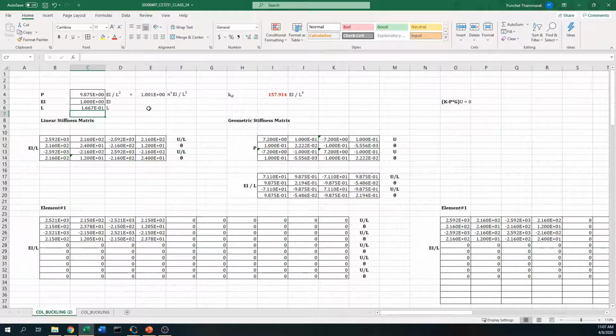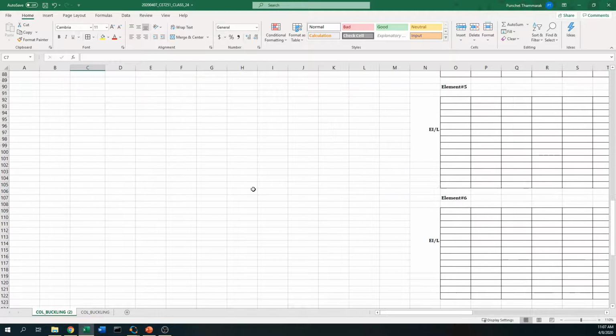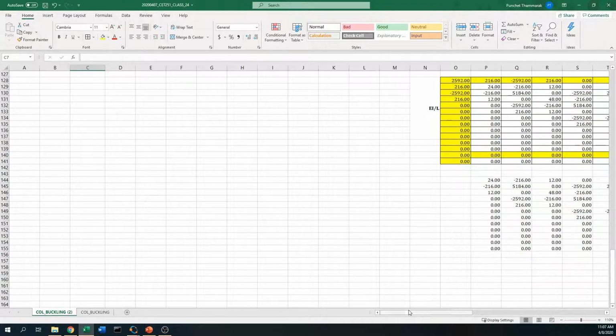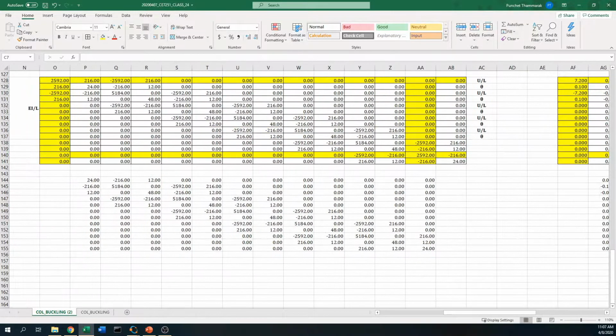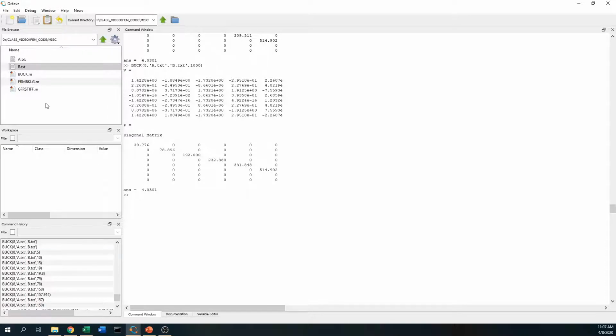And for the new matrix we can come back to Octave and make a new file. It's just a text file. I name it A2 and B2.